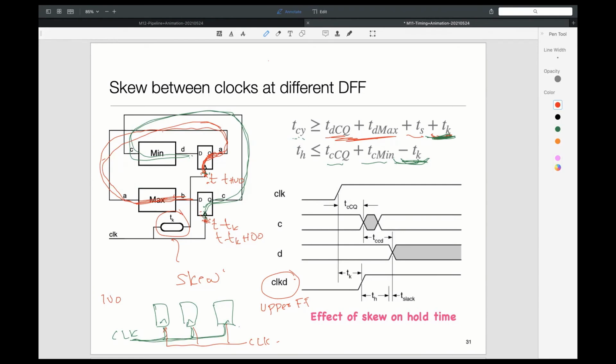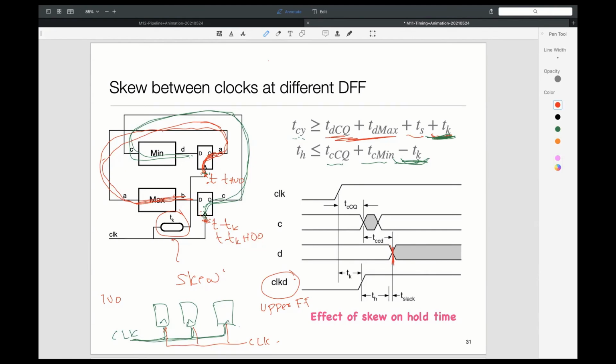Now let's reason about how it is affecting the hold time. In hold time, we are worried about the green path, the faster path. After CLK comes at the bottom flip-flop, TCCQ after that, C begins to change. And TCCD after that, D begins to change. So D begins to change at this time.